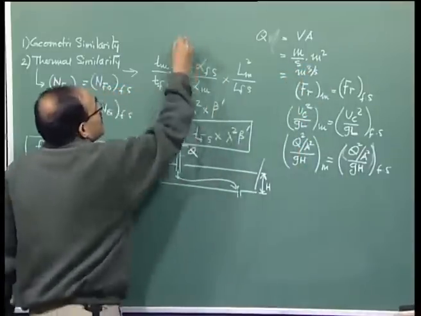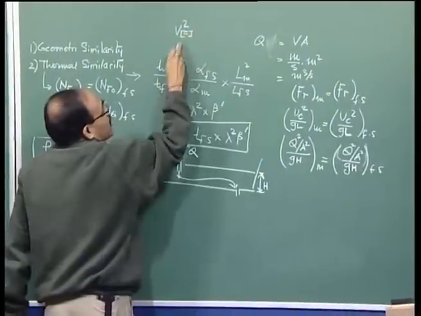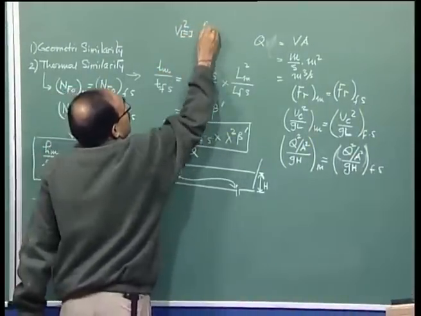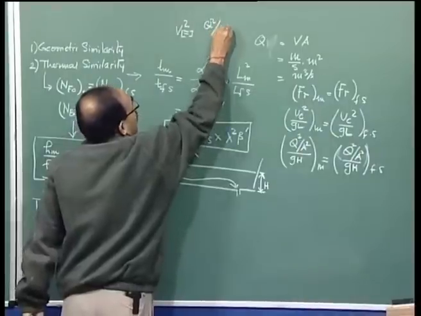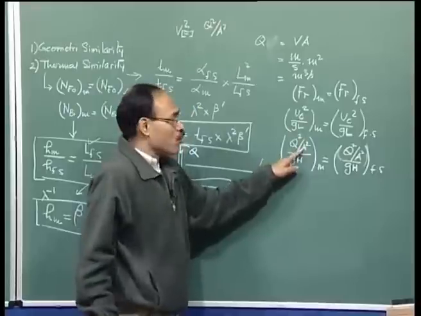So, therefore, we can say V square has a dimension, so this is the equality of dimension. That means, dimensionally V square is equal to Q square by A square, and that is what I have basically written, that Uc square is equal to Q square by A square.